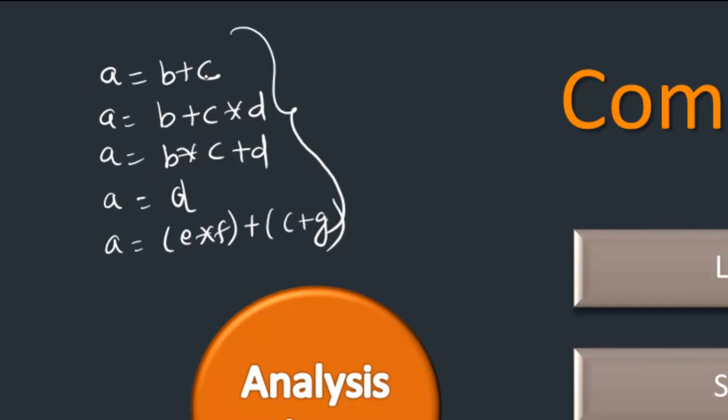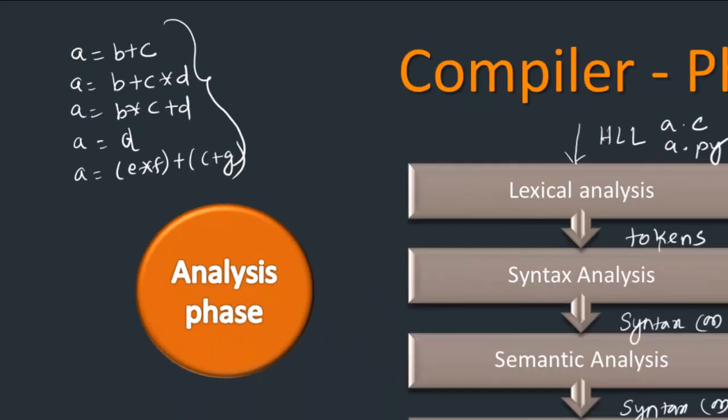As and when the varieties grow, it is highly impossible for a software to convert each and every statement to the destination language. So after the analysis of the source program gets over, an intermediate code gets generated, which is in a standard format. That standard format, which we normally use in compilers, is called three address code.